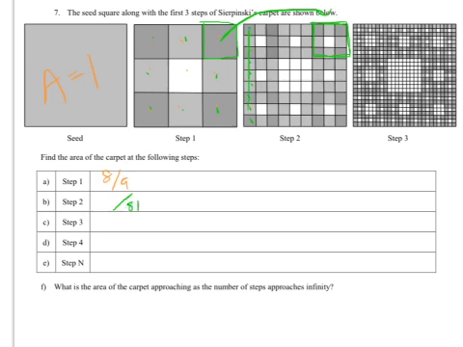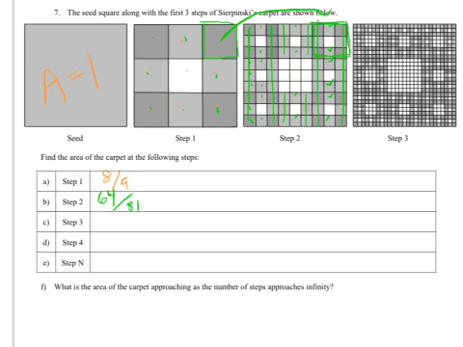Well, let's see, I've got 9, 10, 11, 12, 13, 14, 15. 15 plus 9 more is 24. 27, 30. 31, 32, 33, 34. 37, 40. 49, 50, 51, 52, 53, 54, 55, and 55 plus the last 9 is 64. So I have 64 shaded out of 81 total.